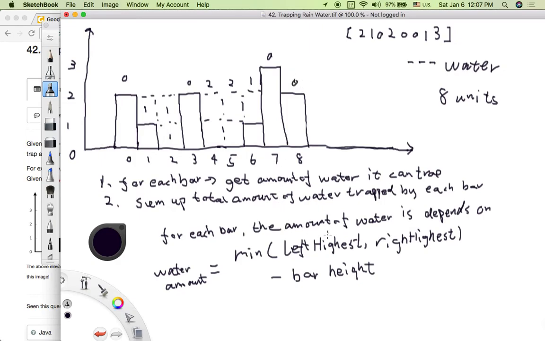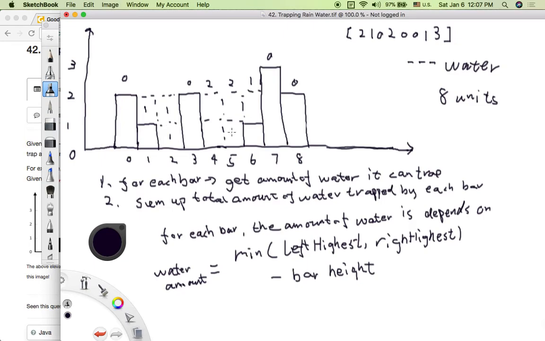So for each bar, the amount of water depends on the minimum of the left highest and the right highest, minus the bar's own height, and we get the water amount it can hold.